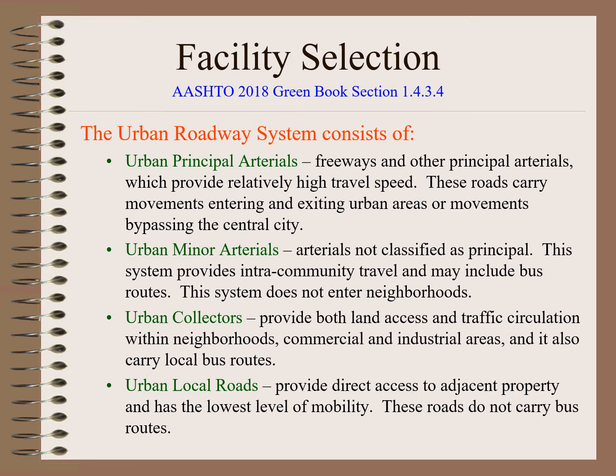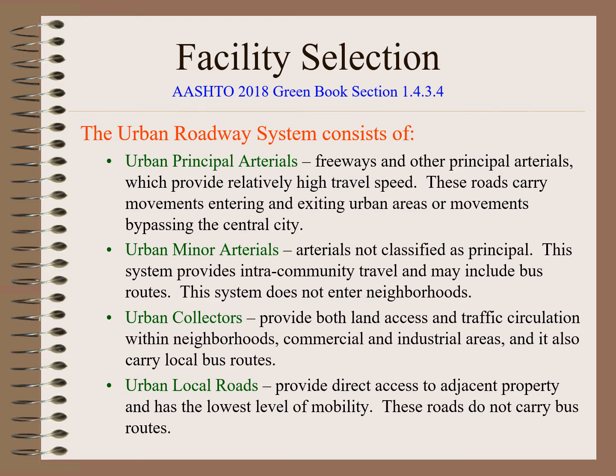Urban minor arterials are arterials not classified as principal. This system provides intra-community travel and may include bus routes. However, this particular system does not enter neighborhoods. So these are going to be your main roads within an urban area that are adjacent to the highway, the interstate, or the US routes.